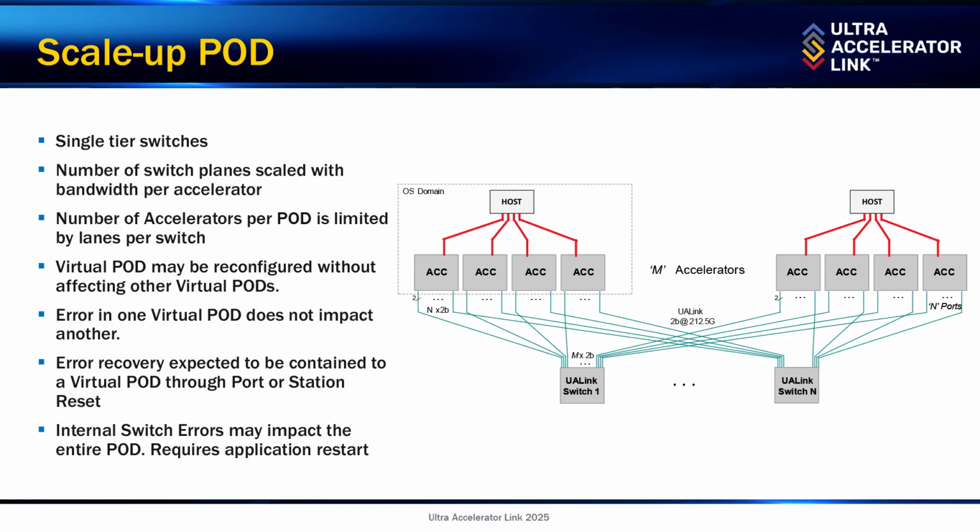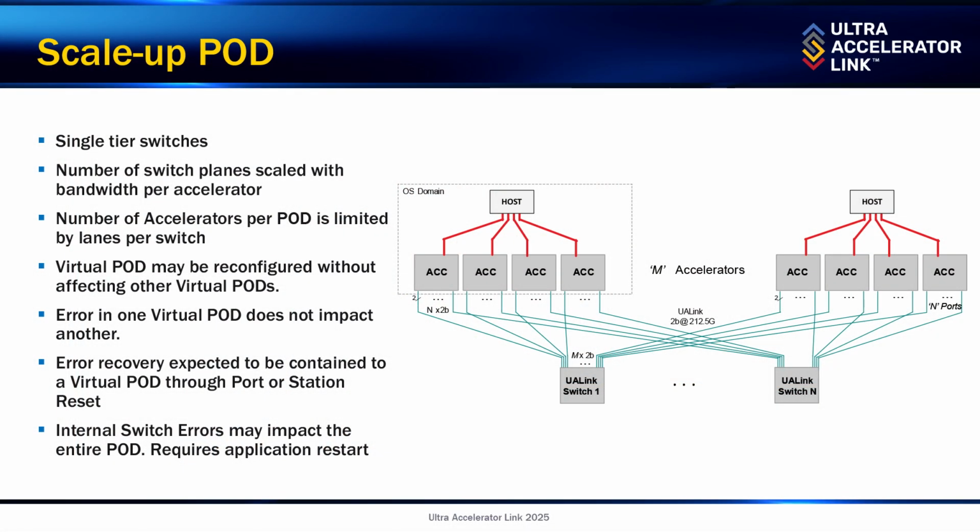All right, so let's look at a scale-up pod here for a minute. UALink 1.0 tries to be simple, so we've limited it to single-tier switches right now. If your given accelerator needs a certain amount of bandwidth, you manage that by adding more ports to your accelerator, up to whatever you need to meet your bandwidth requirement.